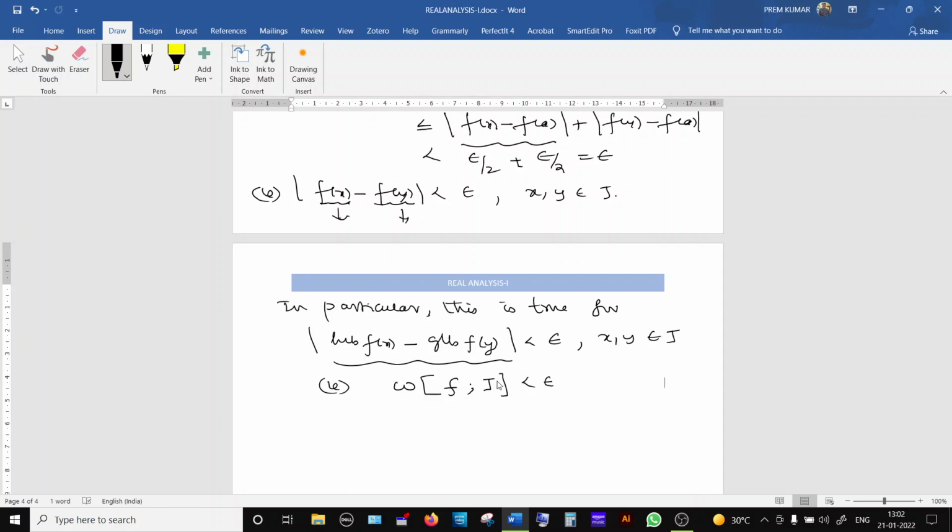So the corresponding LUB and the corresponding GLB, that difference also should be less than epsilon. So this is nothing but the oscillation. You can see the definition of oscillation of a function f over J.